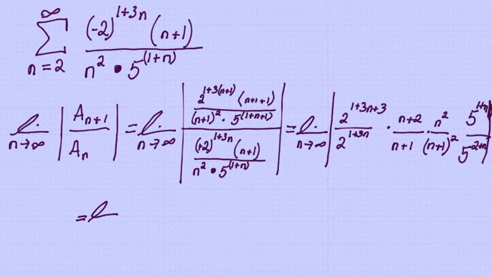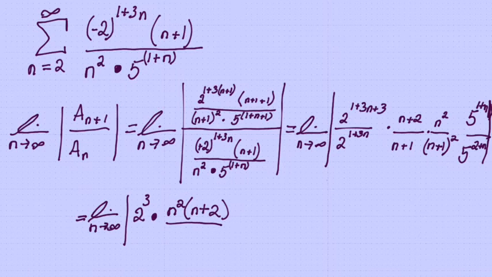But now, things will cancel. Thank goodness. So I'll be left with a 2 cubed, because it's 2 to the 1 plus 3n plus 3 over 2 to the 1 plus 3n. So subtract the exponents. I'm just going to group all of the polynomial terms together.